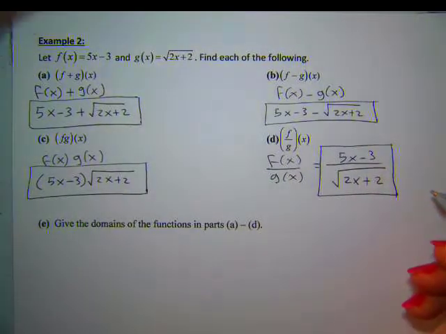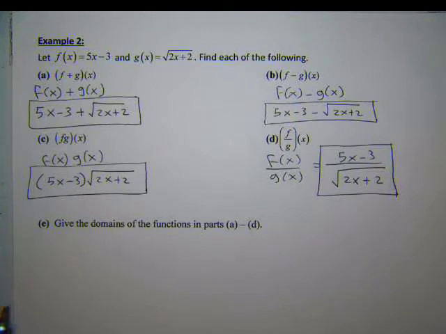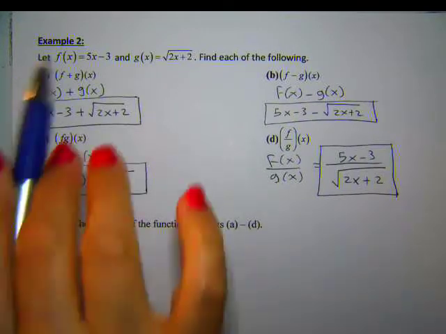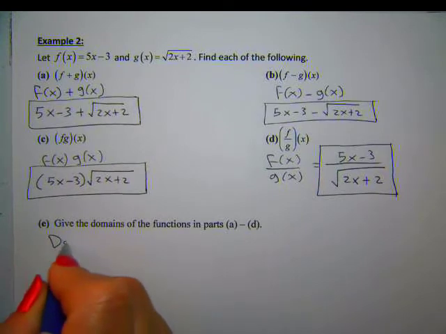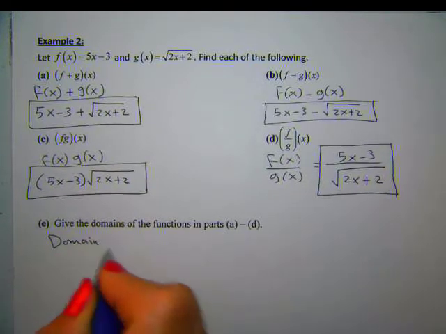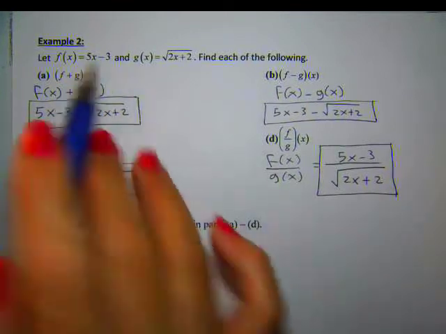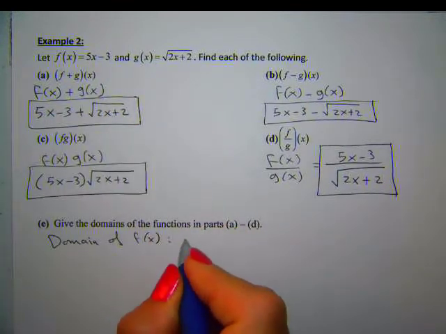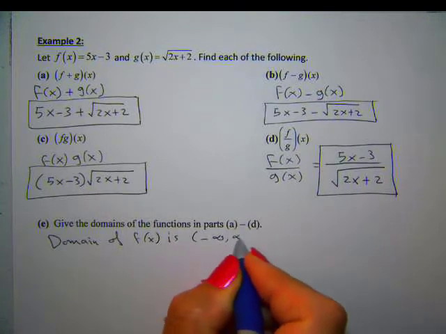Okay, this was really simple. Now we need to find the domain of all these. By definition, the domain of A, B, and C is the intersection of the domain of f and the domain of g. So what is the domain of f of x? Well, that's a linear function. We know the domain of f of x is all real numbers.